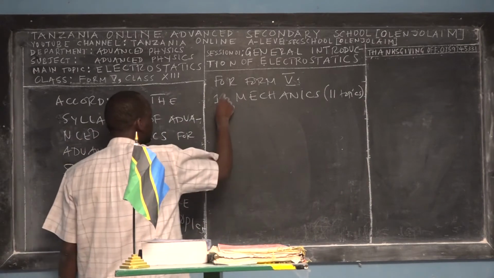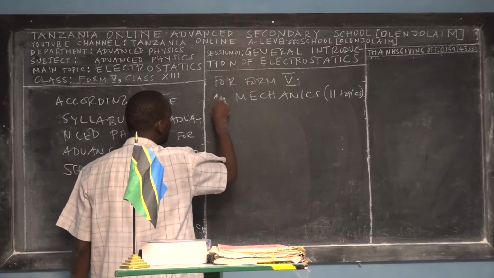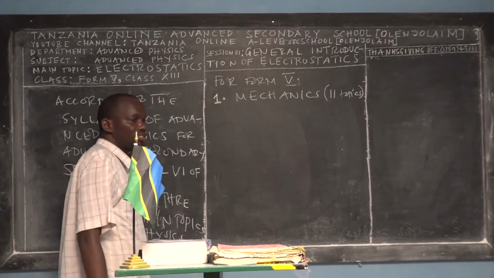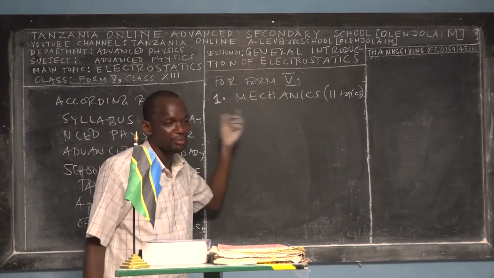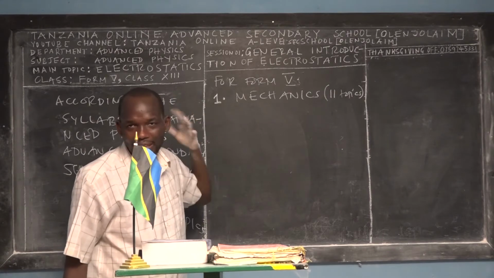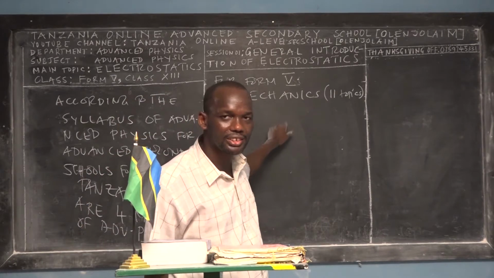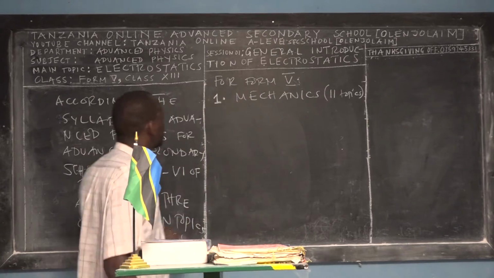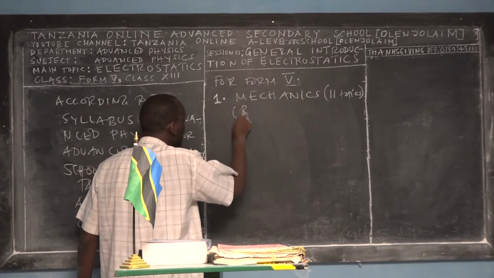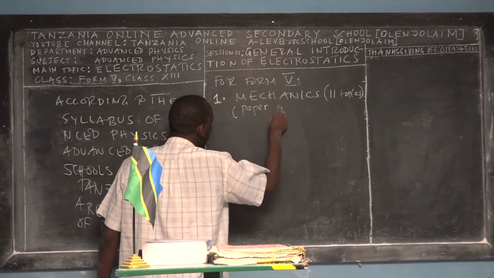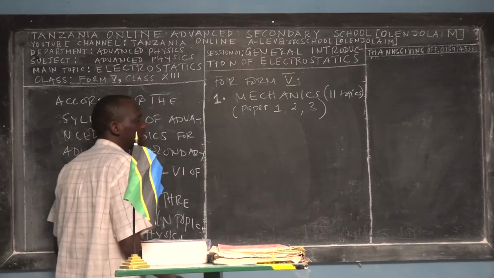All the 11 topics of mechanics are more than 50% of the syllabus of the Form 5. So if you are not competent in mechanics, my beloved sister, my beloved brother, please go there first. Because this contains questions in paper 1, paper 2, and paper 3 of advanced physics.